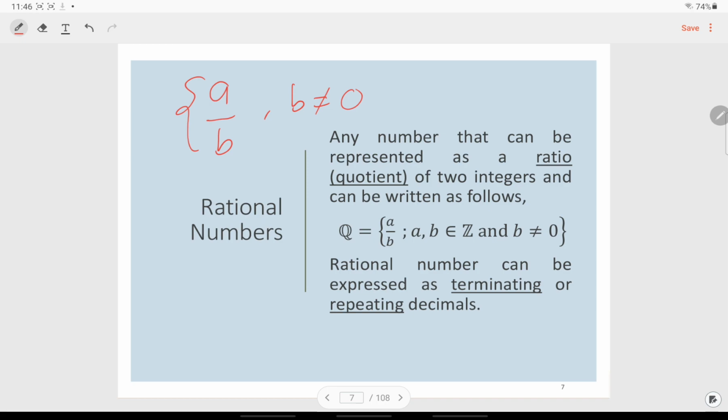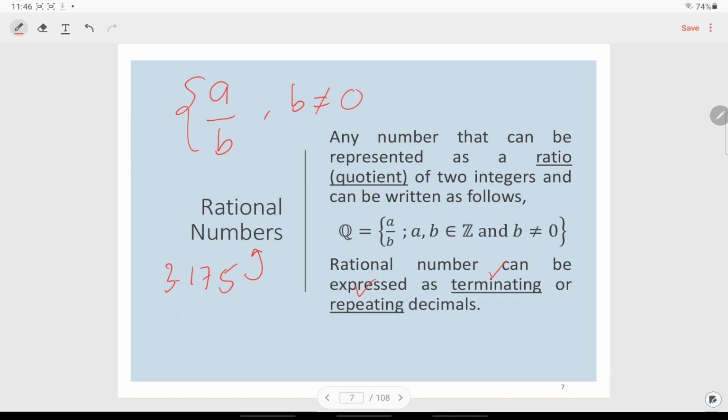Decimal numbers also can be rational numbers, with the condition that these decimal numbers must be terminating decimal numbers or repeating decimal numbers. For example, we have 3.175. There is no other number after the 5, so this is what we call a terminating decimal number. This kind of number is also categorized as rational.